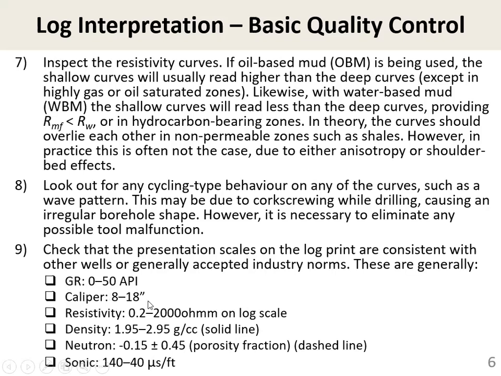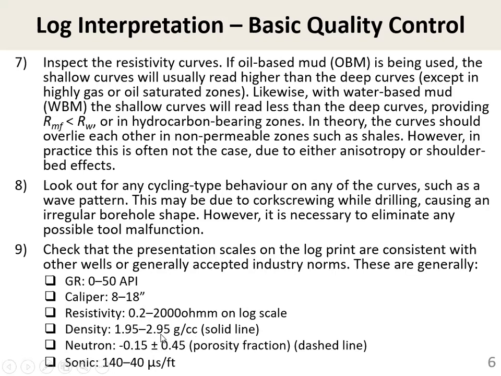Caliper, this is just indicative of the pipe ID and casing ID, as the case may be, or hole ID. And then resistivity is usually from 0.2 to 2,000 ohm meters, and is on the log scale. Density usually has upper and lower limits about 1 gram per cc.